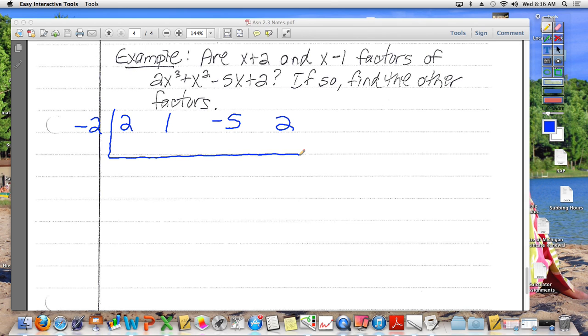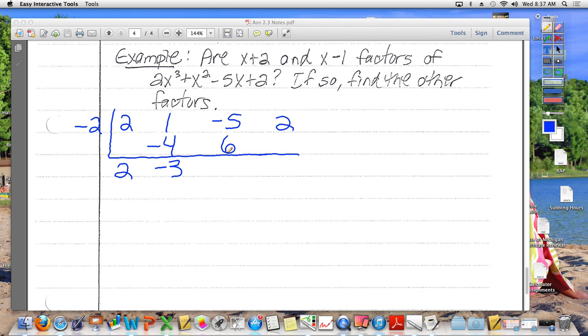I bring the 2 down. I get 2. Negative 2 times 2 is negative 4. Combine the 1 and negative 4 to get negative 3. Multiply negative 2 times negative 3, you get 6.